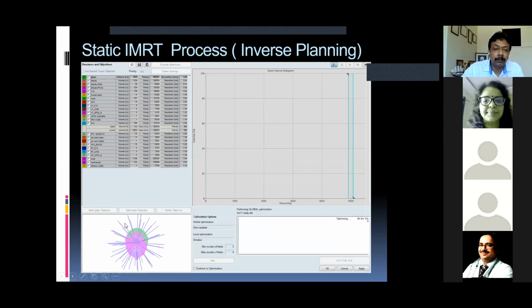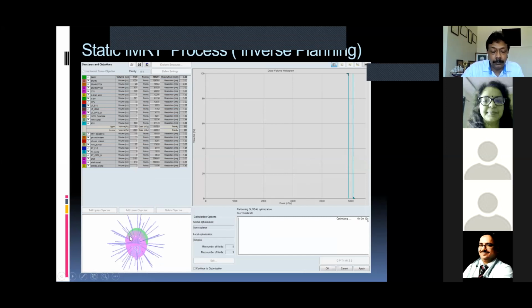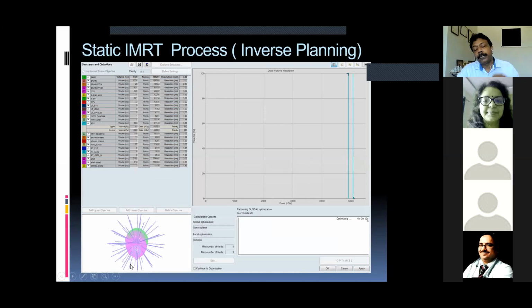Multiple directions means multiple directions and multiple planes. You can see that the beams come from many directions. They do not belong to a single plane. If there is a single plane, then only the gantry angle moves and the couch will not move. But if we combine the couch and gantry angle, then we can create the non-coplanar beams.